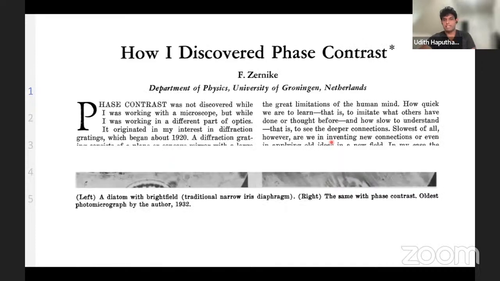The problem with these approaches to discovering microscopes is, for example, this paper by Zernike regarding the phase contrast invention. It was published in 1932, but he began to work on this in 1920.